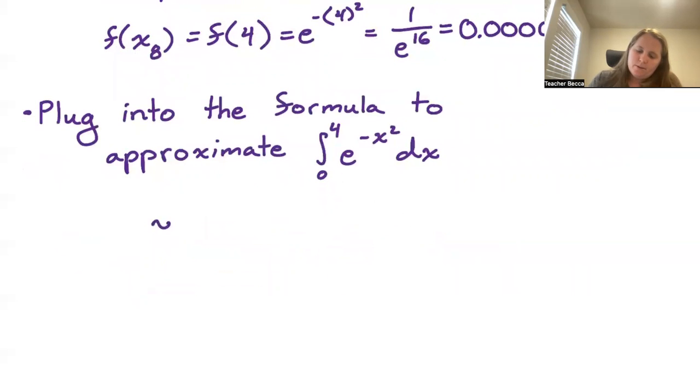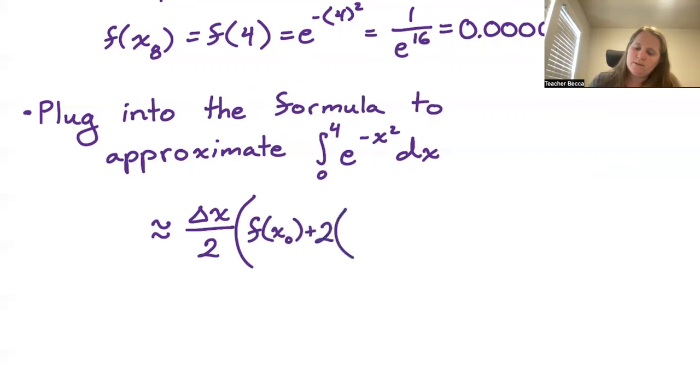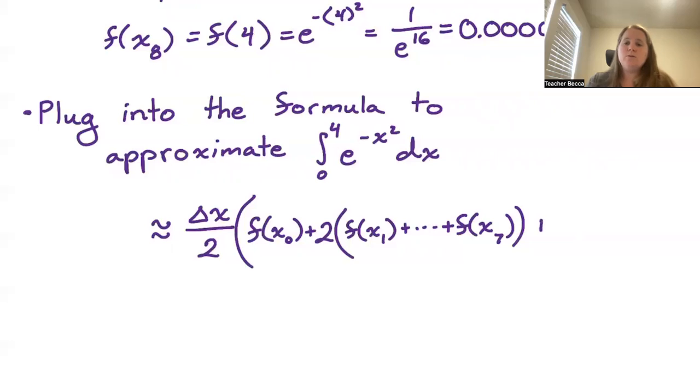So this was approximately, again, delta x over 2 times f of x0 plus 2 times f of x1 plus all the way up through f of xn minus 1. So in this case, f of x7, and then end parentheses, no more times 2, we add on another plus f of x8.